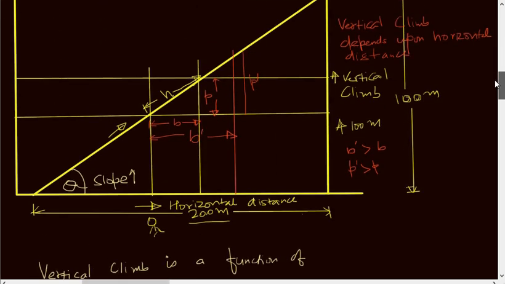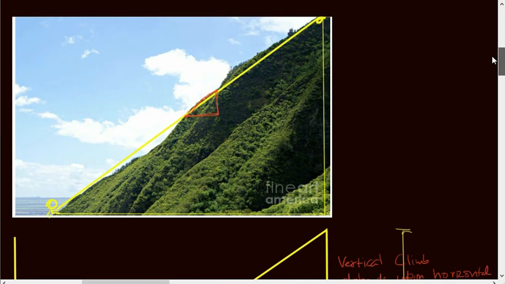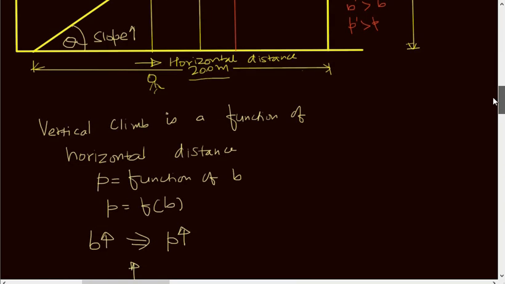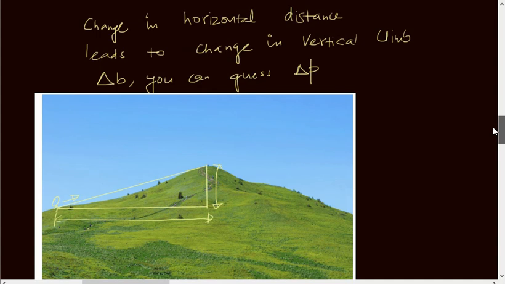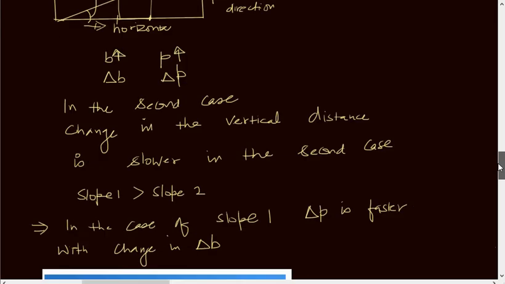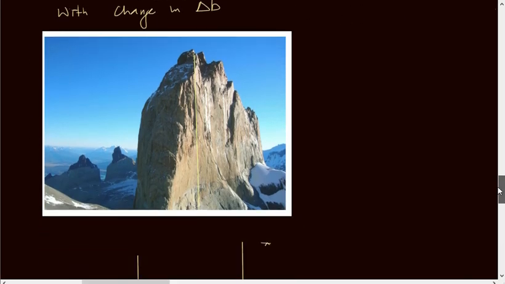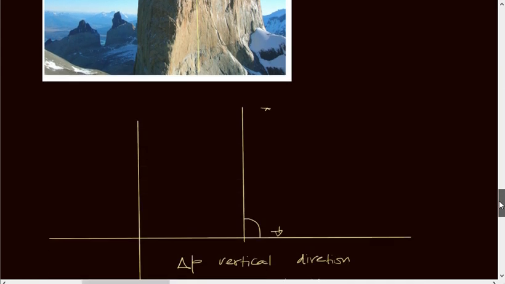So we saw that in this case it's a steep slope, so vertical distance changes a lot as we move in the horizontal direction. In this case less, and in this case it's really steep, you go vertically up.